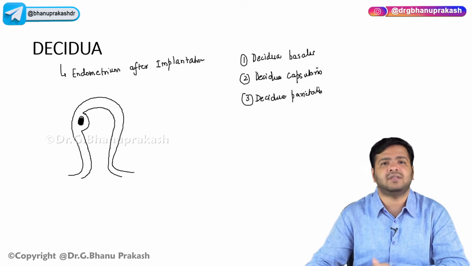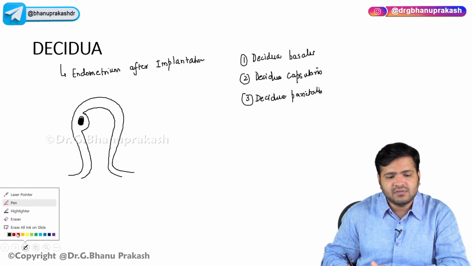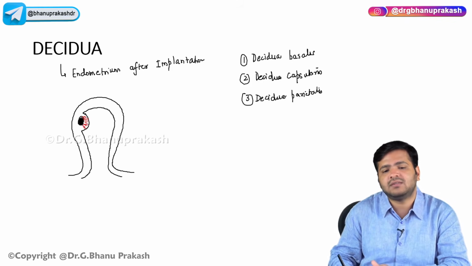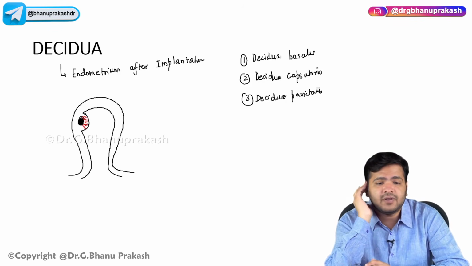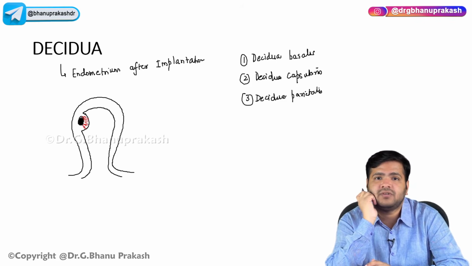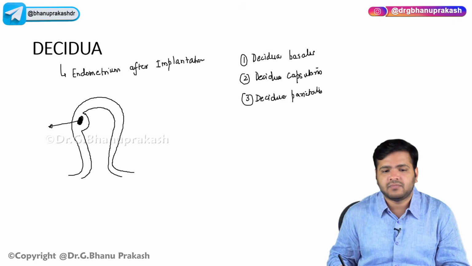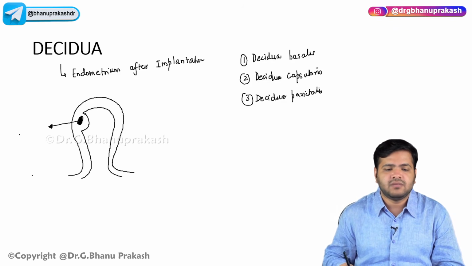Now, decidua basalis is lying below the blastocyst, separating the blastocyst from the myometrium, right? So you already know that this is the embryo.